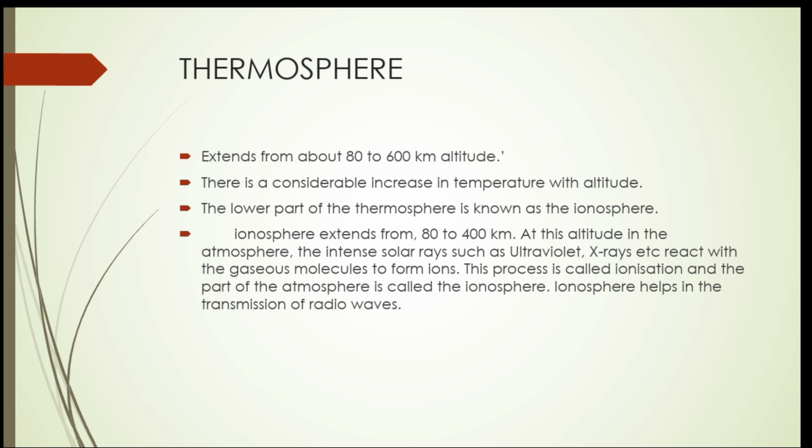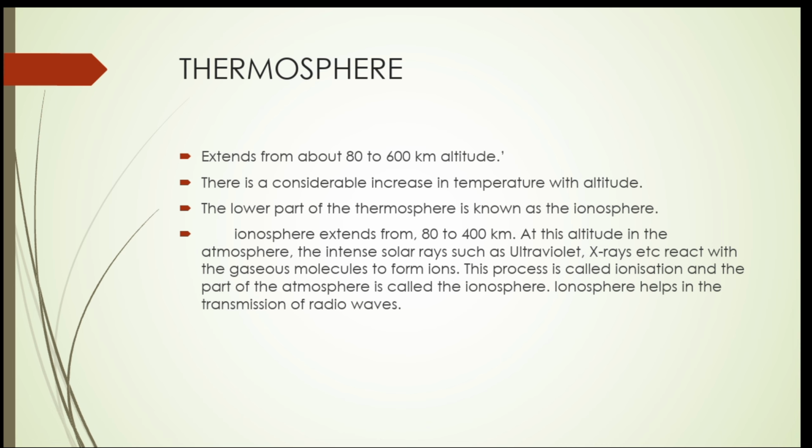That is, when such rays come in contact with gases like oxygen, carbon dioxide, nitrogen, and even hydrogen, these molecules will react with these rays and get ionized and form ions.